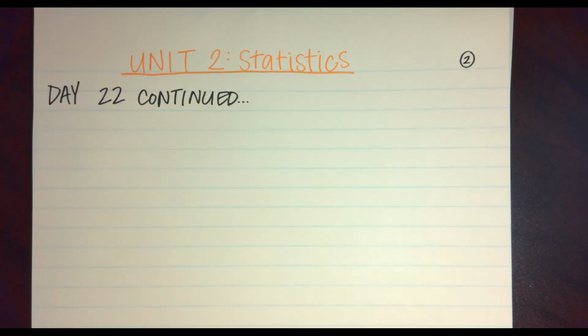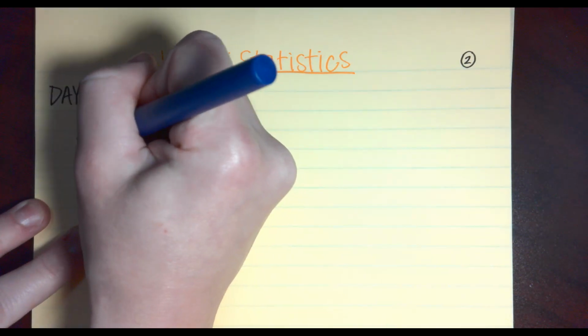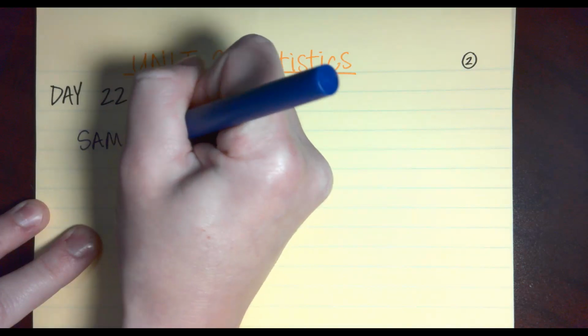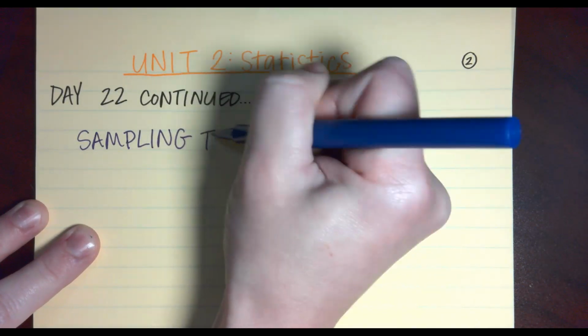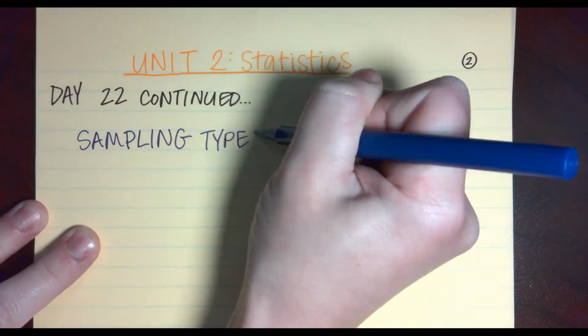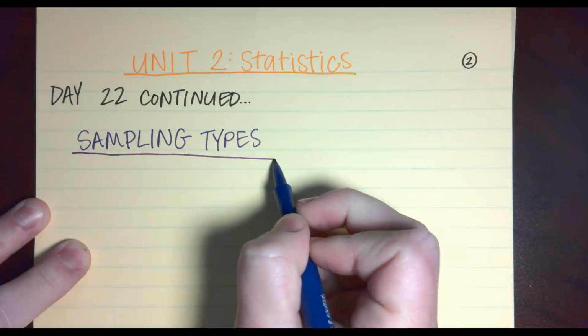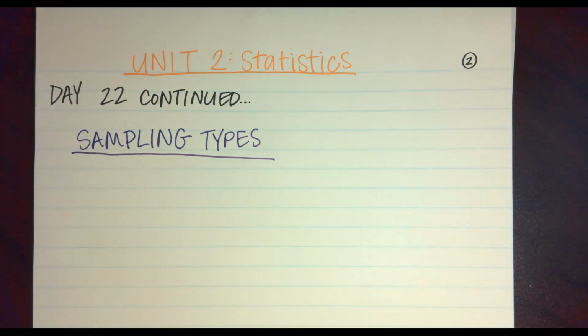First of all, what do I mean when I say sampling? What does that mean? Does anybody know? Any ideas? Say that one more time. Testing. Testing, yeah, testing could be a type of sampling.